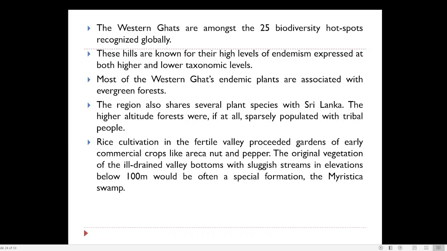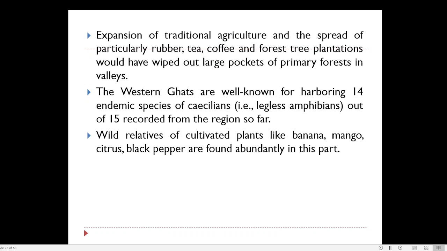Rice cultivation in the fertile valleys preceded gardens of earlier commercial crops like arecanut, pepper, etc. Then the traditional agriculture, the spread of especially rubber, tea, coffee, forestry.